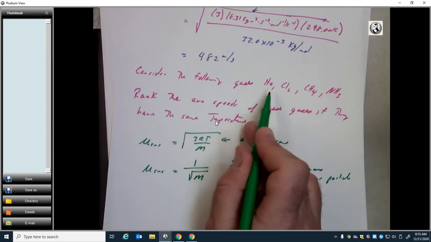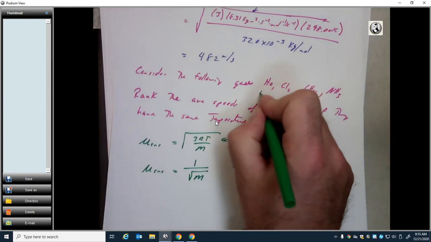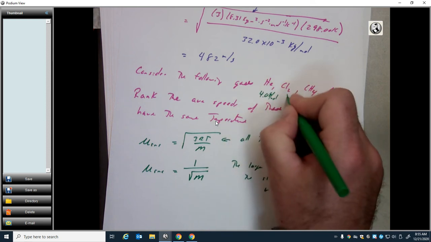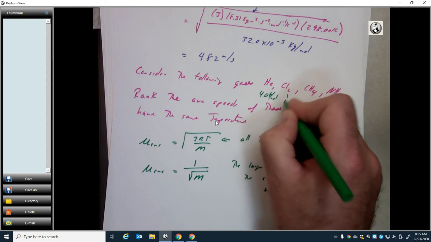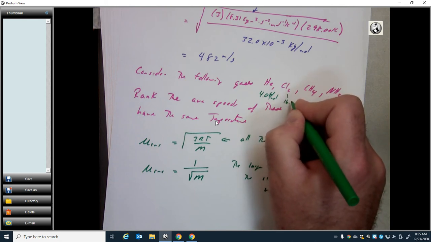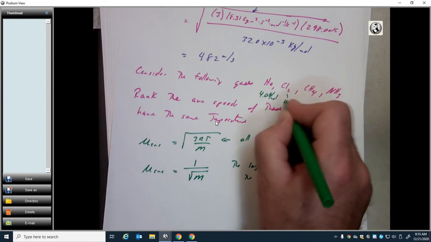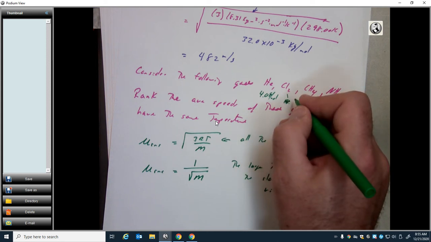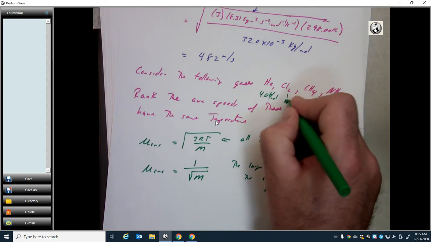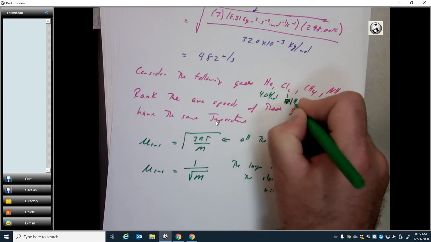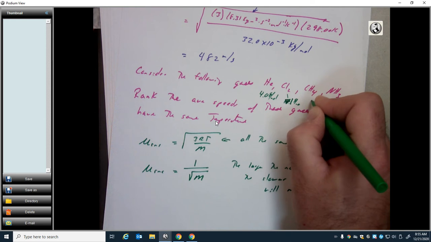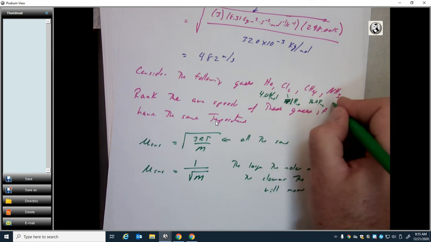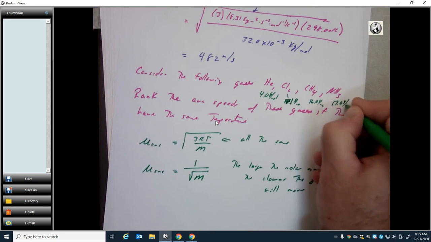So if I figure out the molar masses, helium is 4.0 grams per mole. Chlorine is 16. Whoops, no, it's not. Chlorine is 71 grams per mole. Methane is 16.0 grams per mole, and then ammonia is 17.0 grams per mole.